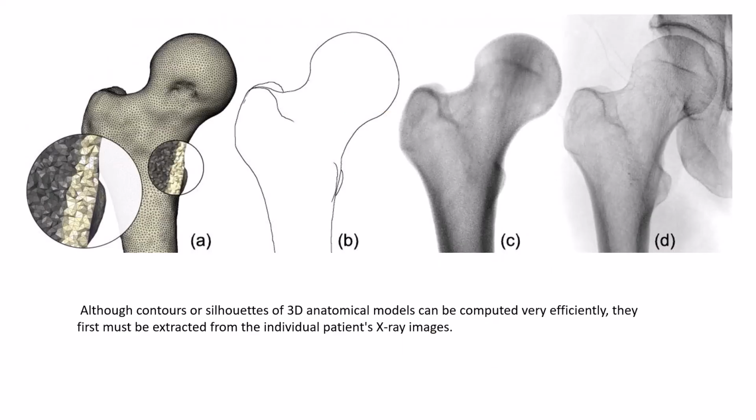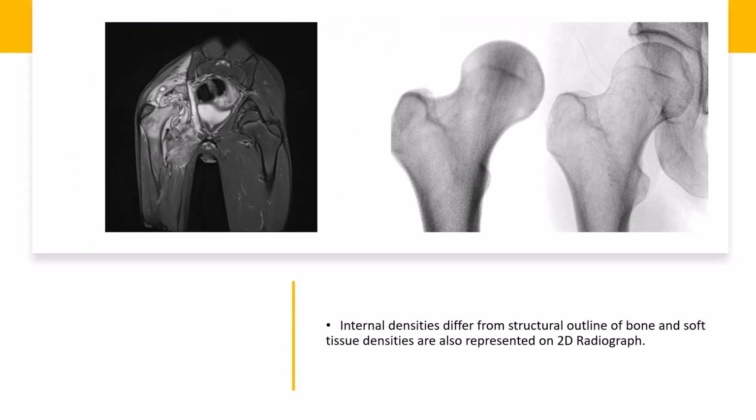The modality used and the area of interest that is captured is crucial in creating 3D images or anatomical 3D models. Using computers to create 3D images, we're again collecting all the data in the axial, sagittal, and coronal planes. The internal densities differ from the structural outline of bone and soft tissue densities, which are normally represented on a 2D radiograph.